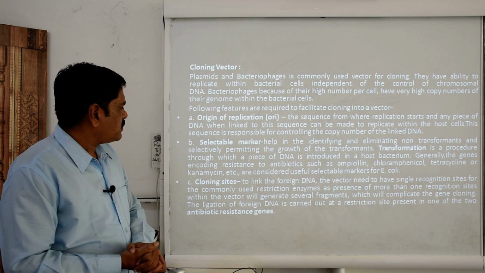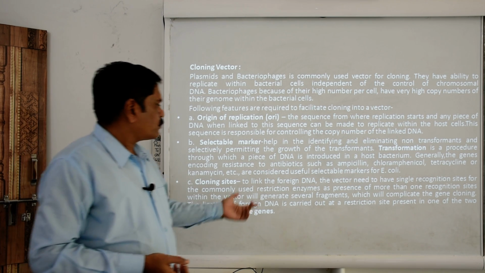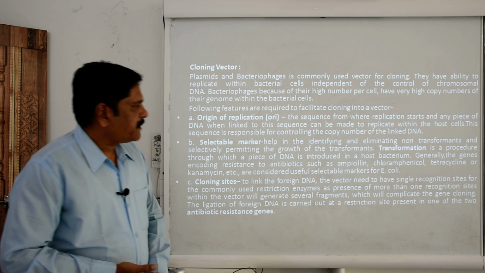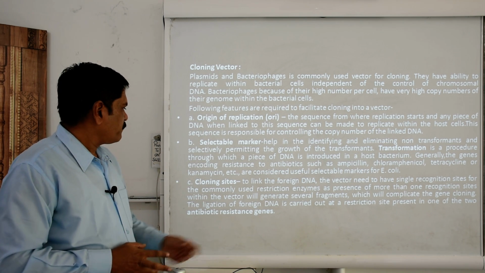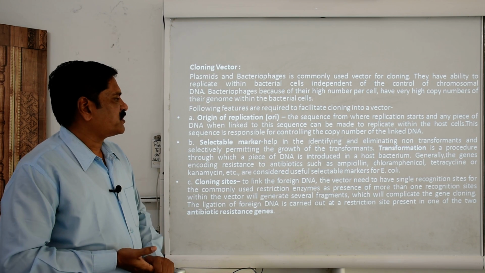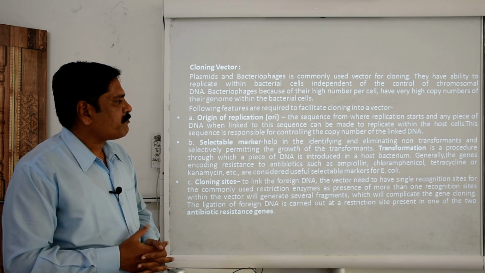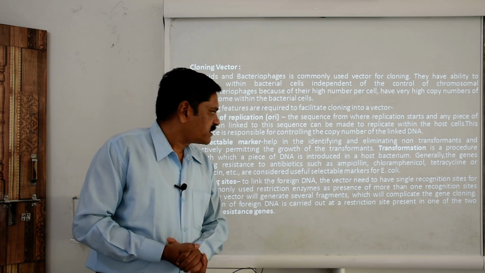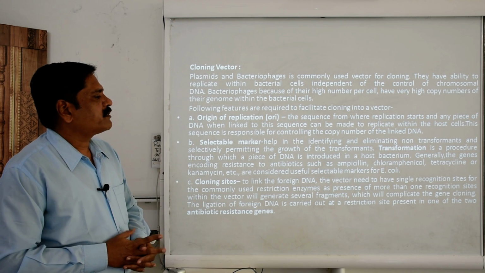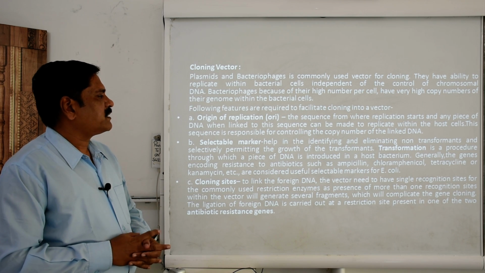Now the next one is the cloning sites. To link the foreign DNA, the vectors need to have a single recognition site for the commonly used restriction enzymes. The presence of more than one recognition site within the vector will generate several fragments, which will complicate gene cloning.